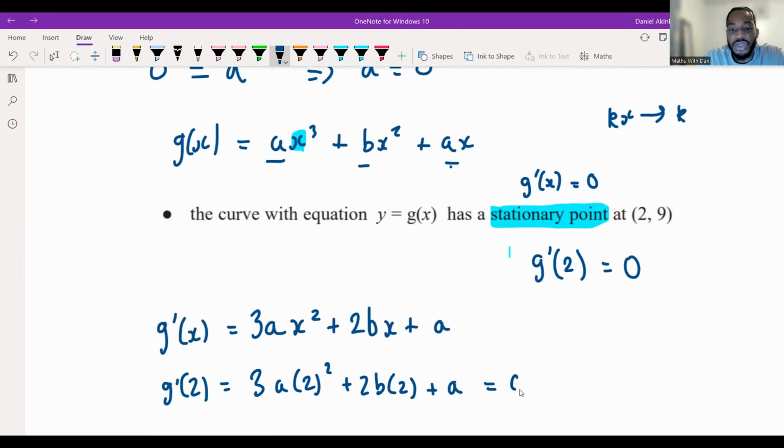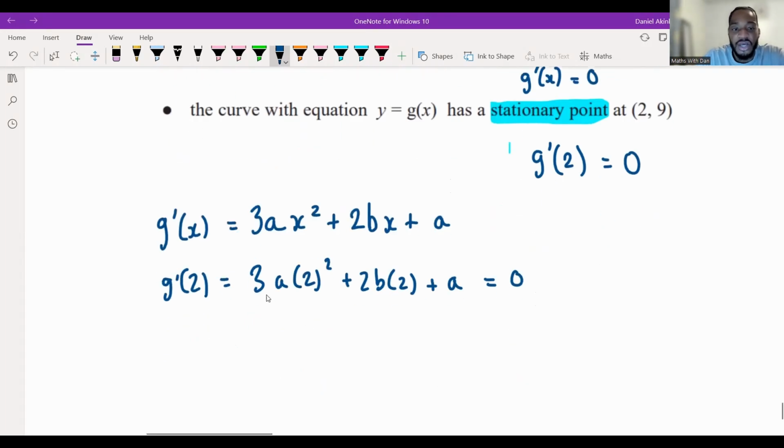And then apparently this equals 0, doesn't it? So let's just tidy this up. 2 squared is 4, 4 times 3 is 12. This is 12a plus 4b plus a is equal to 0. Tidying that up, that will just give me 13a plus 4b is equal to 0.